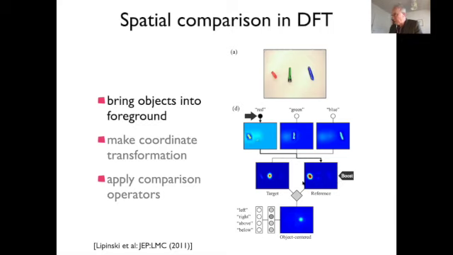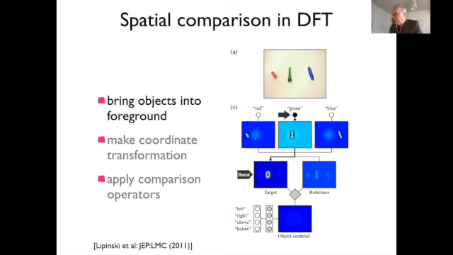Actually, I'm a little out of order because it seems that I already had a target object. I should have started here because we actually first brought the green object into the foreground, the green to the right of the blue. We actually first put the green object here in the target field, and we did this by doing the visual search for green and then boosting the target field.